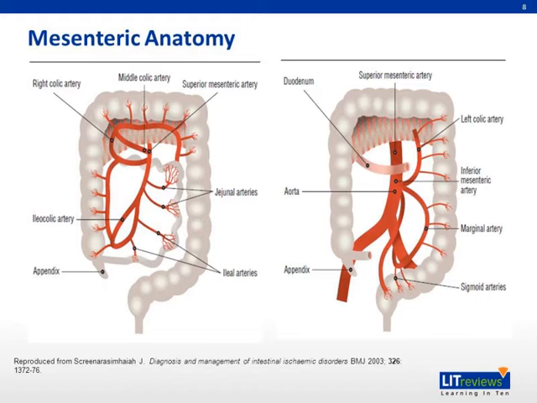The splanchnic collateral circulation imparts redundancy and, as a result, provides substantial protection from ischemia or infarction. The major collateral connections are, firstly, the celiac artery and the SMA, which communicate principally through the junction of the superior and inferior pancreaticoduodenal arteries. Secondly, the SMA and IMA, which communicate through several pathways.